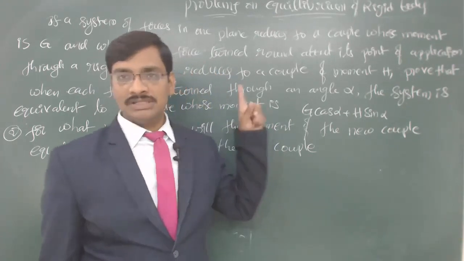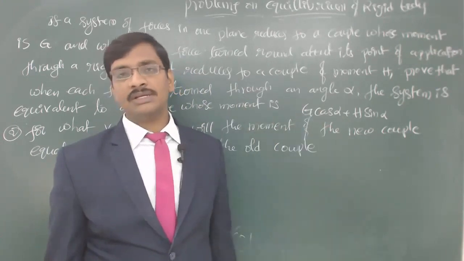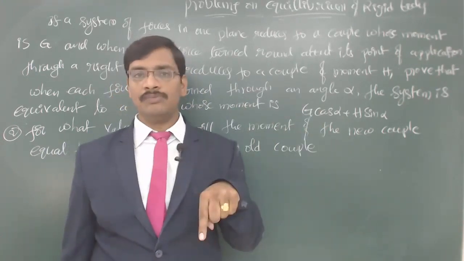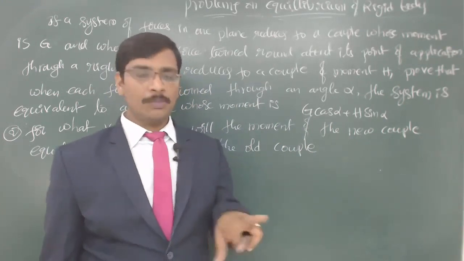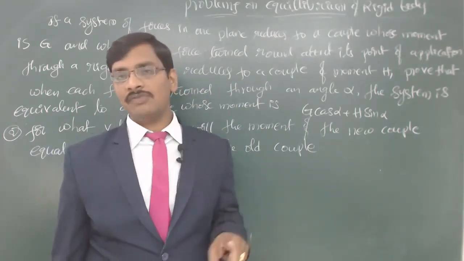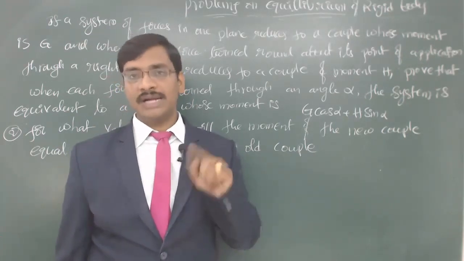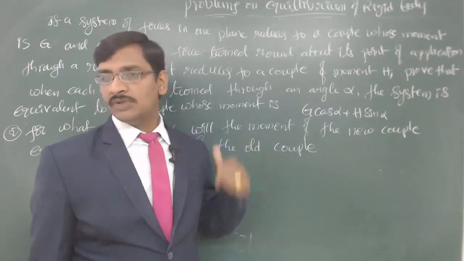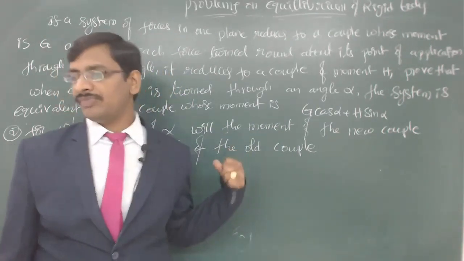In the first case it was G, and after it turned through an angle of 90 degrees, again it forms one more couple, and that couple has moment H. Suppose it randomly rotates through an angle of alpha, then what would be the resulting moment? That resulting moment we have to express in terms of the known moment values. So that is the problem statement.